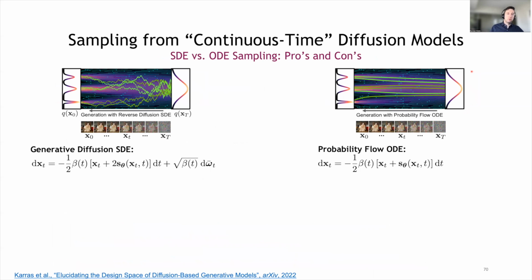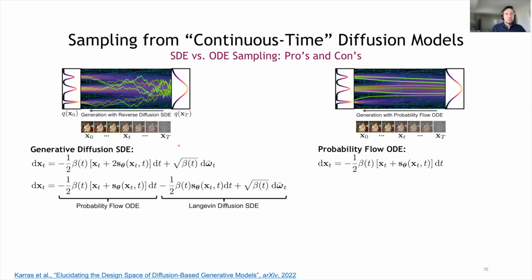So now I have talked about how you can solve the SDEs and the ODE in practice, but what should you use? Should you rather build on the SDE or the ODE framework when you want to sample from your model? To shine some light on that, let us look at the generative diffusion SDE a little bit closer. Now we can actually decompose this into two terms.